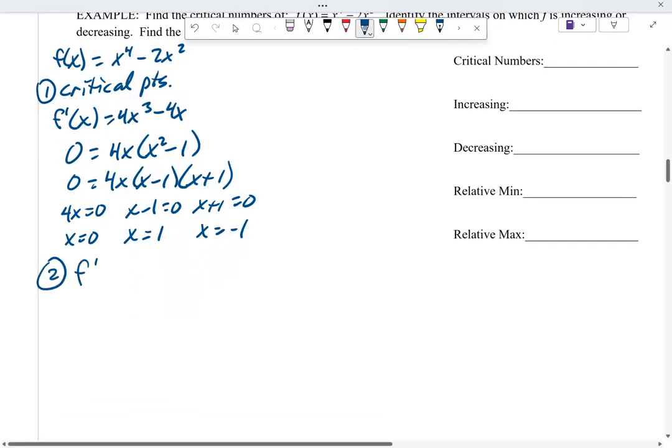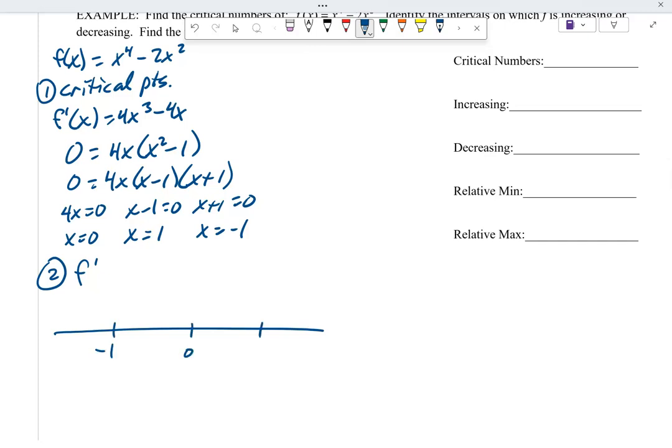So here's my first derivative test: negative 1, 0, and 1. At those points I potentially would have some local or relative extrema, possibly even absolute. But we need to test in between there and find out if the derivative is positive or not.